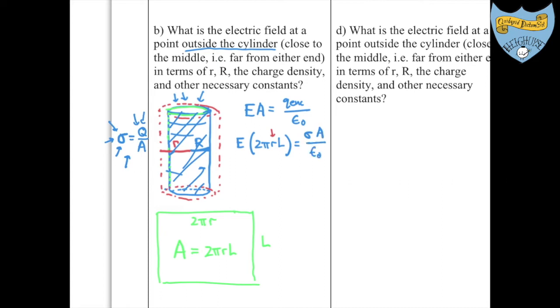All right, now A, which A? Just a second ago here, A was 2 pi little r L. So careful. A doesn't always mean the same surface area. The A on the left side of Gauss's law was the surface area of the Gaussian surface. This A on the right side is the area of charge enclosed. The charge is not on the Gaussian surface, it's on the real object.